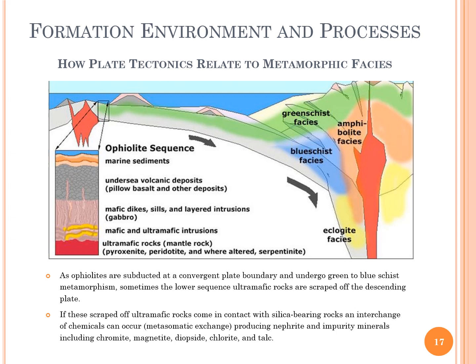And then finally a thin veneer of marine sediments deposited on top of them. Now this ophiolite sequence, as it moves away from the spreading ridge, and our little diagram here moves to the right and collides here with this big granitic mass, this craton to the right side of this diagram.